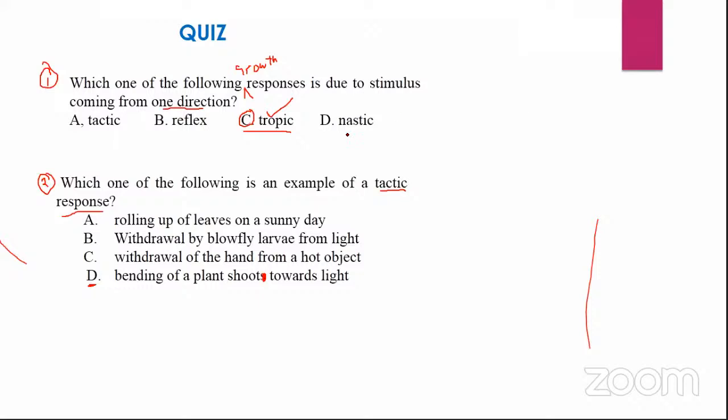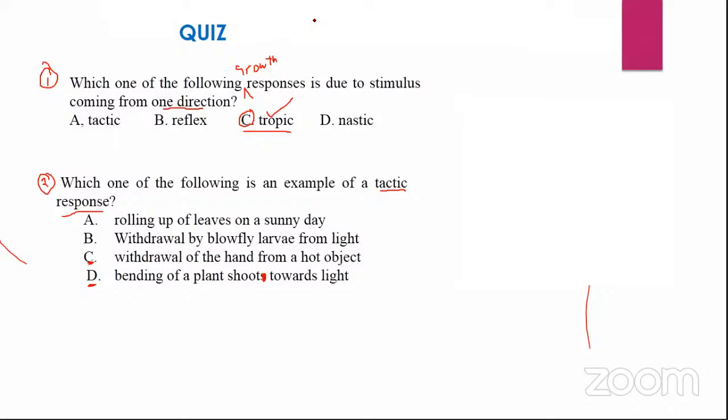Okay, Mubaka says C, because the question says which one of the following is an example of a tactic response? C says withdraw the hand from a hot object. You guys agree now? For time's sake, remember, what did I say about tactic responses?